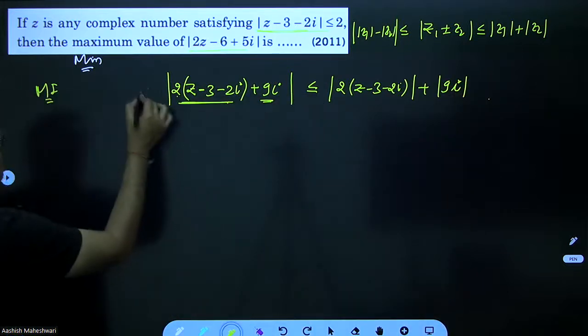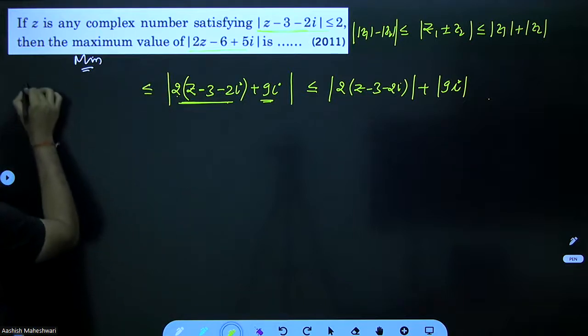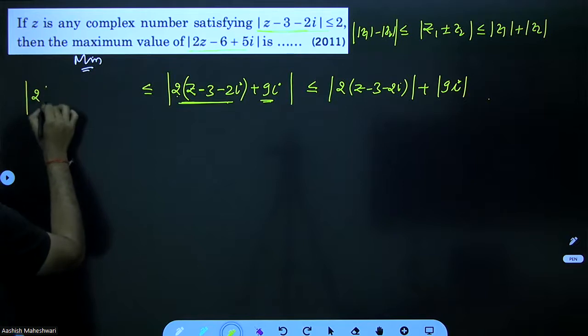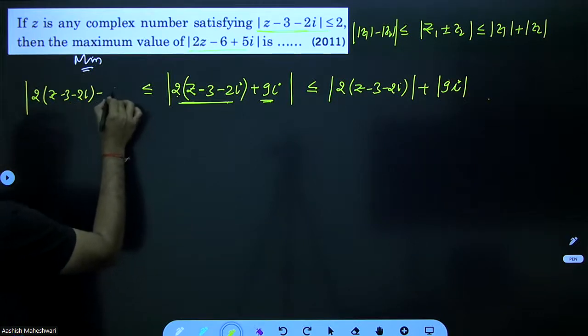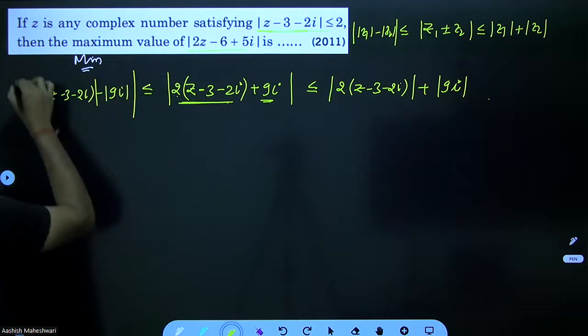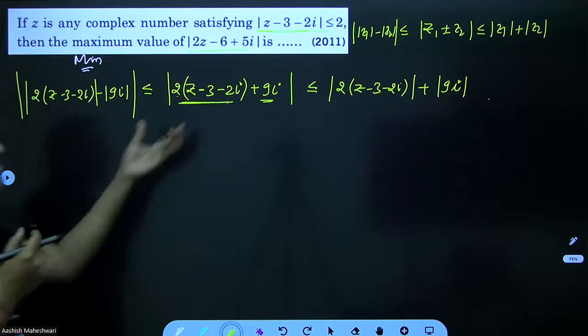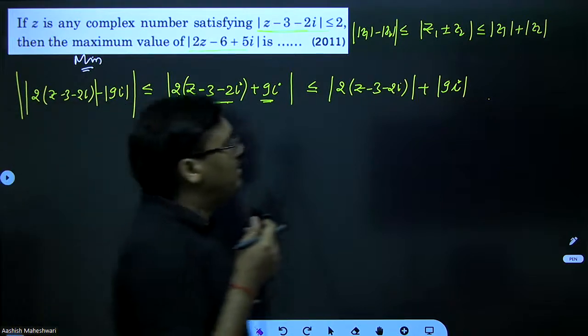And this is greater than or equal to the modulus of 2z minus 3 minus 2 iota minus 9 iota. You can see this is modulus of z1 minus modulus of z2.